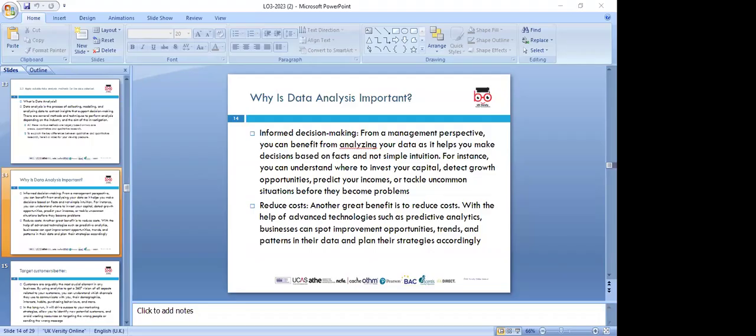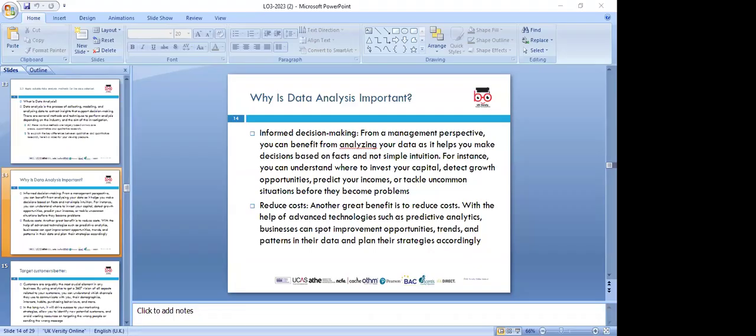So from a management perspective, you can benefit from analyzing your data as it helps you to make decisions based on facts and not simply guesses. I have explained that organizations normally do sampling and informed data analysis. Based on the parameters that have been set, a company could look into certain research to see how the company is faring.